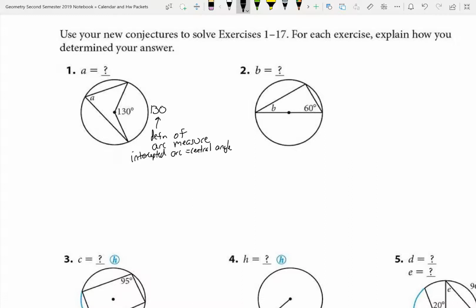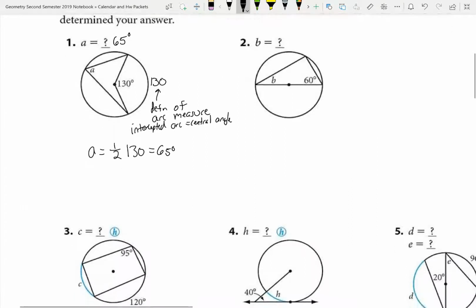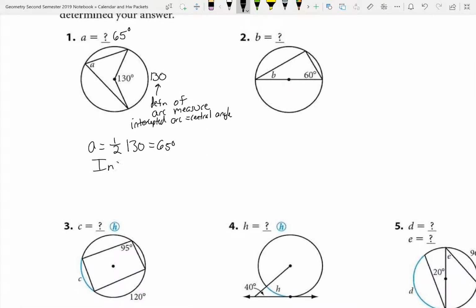And then for A is going to be 1/2 the measure of the intercepted arc, which is 65 degrees. And that's going to be because of the inscribed angle conjecture, which in this case we're going to abbreviate as IA. So it will come up a lot.